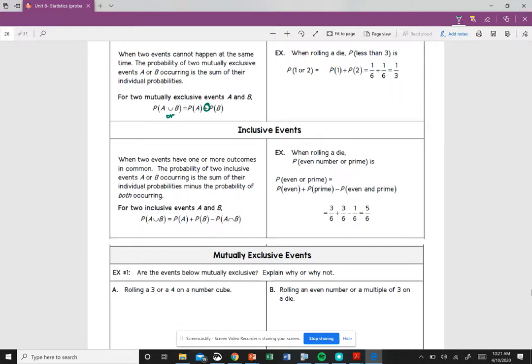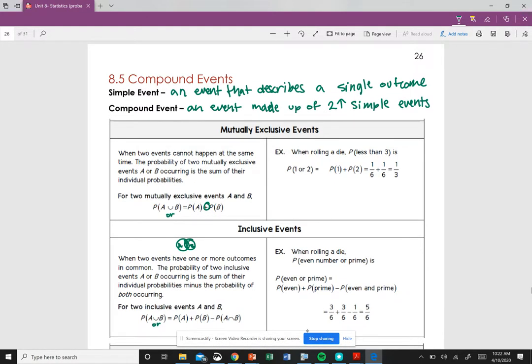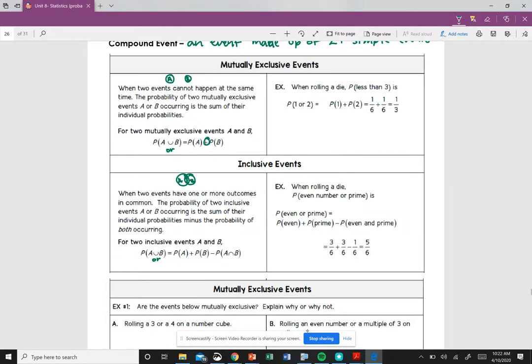Okay, inclusive events, remember this still means or. So if they have overlap, so this is A, this is B, they have overlap. You have to subtract the overlap. This is if they have no overlap. Here's A, here's B. Okay, if they have overlap, you have to subtract the overlap. This is the overlap. This means and.